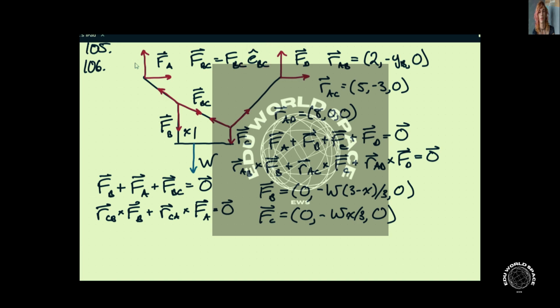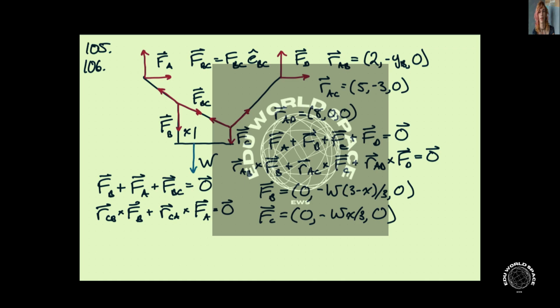So in the first problem, problem 105, we are told that x here is 2 feet, and that this is 300 pounds, and we want to figure out which cable segment has the greatest tension, and also figure out what YB is. So we have 6 equations and these 6 unknowns.